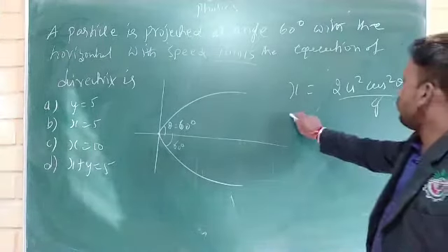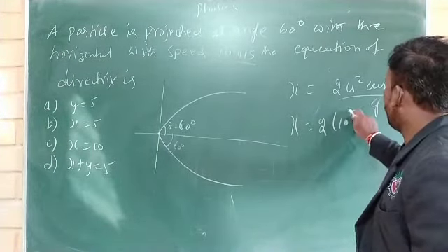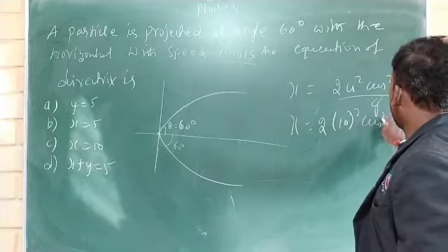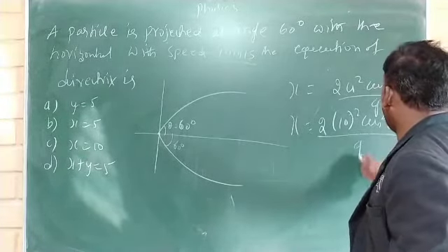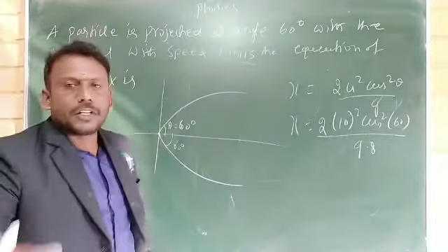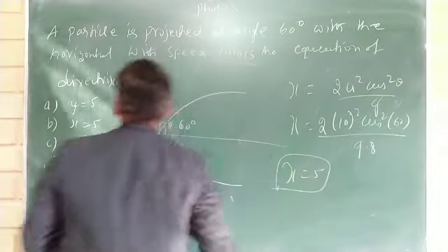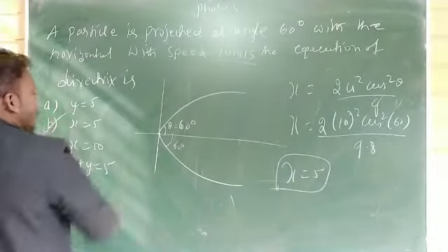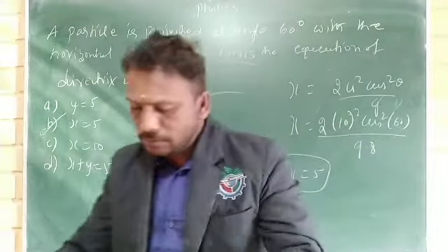Substitute the values: x is equal to 2 into 10 square divided by 9.8. After simplifying this equation, we get x is equal to 5. Option B is correct.